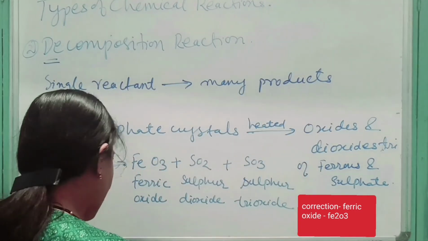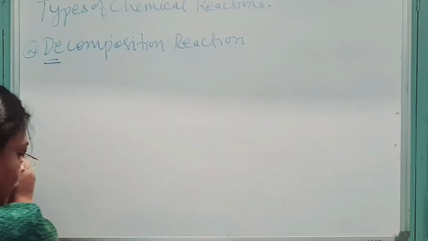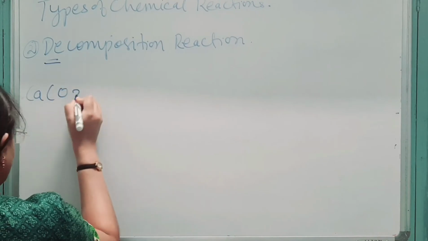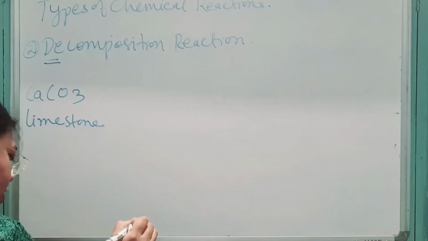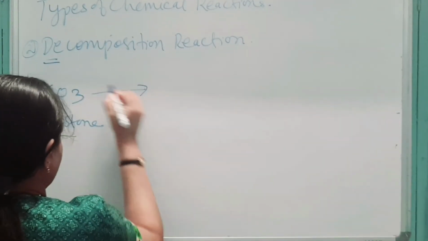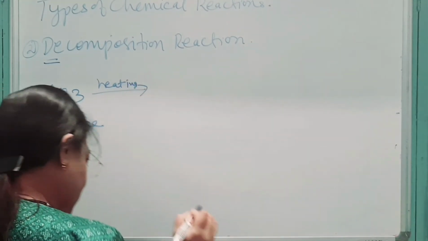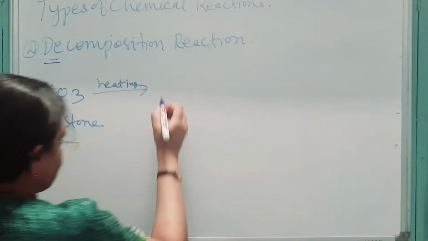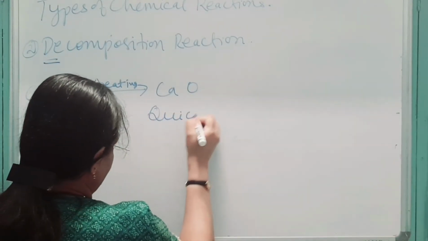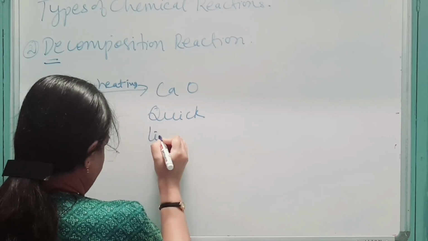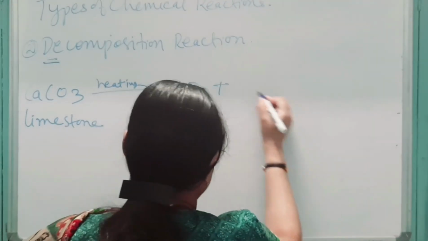Another example of decomposition you can see is the heating of limestone, CaCO3. This is called limestone. When you heat this limestone, it is giving rise to calcium oxide, which is called quicklime, plus carbon dioxide.